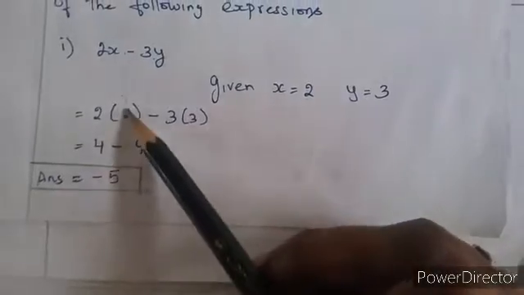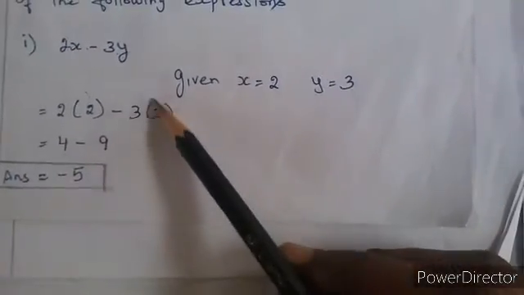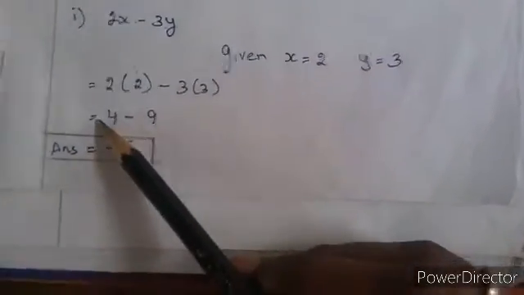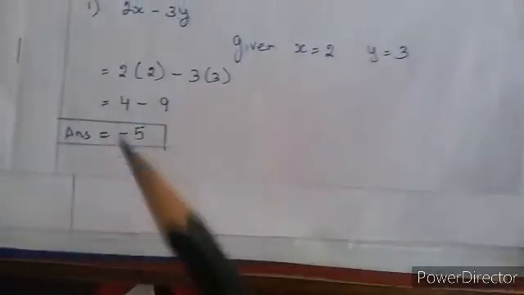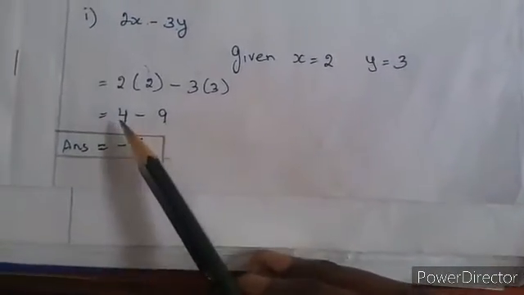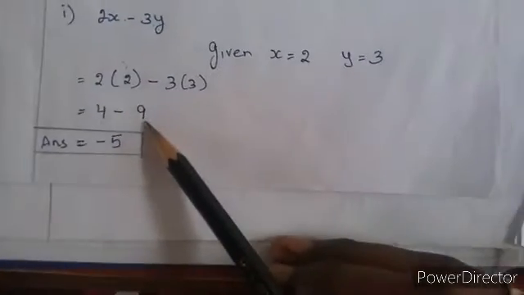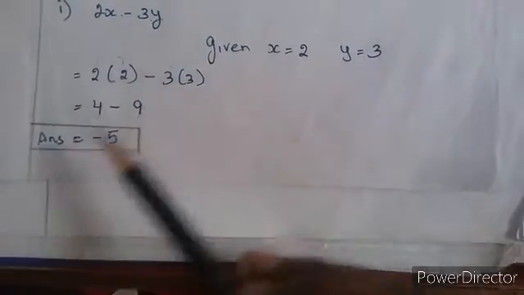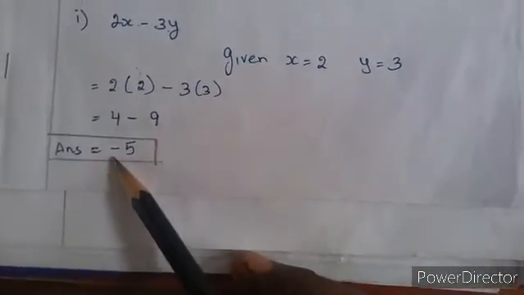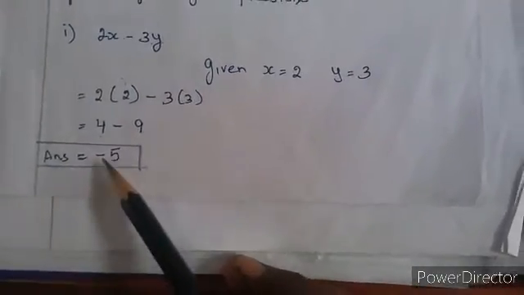Now 2 into 2 it is 4, 3 into 3 it is 9. Now plus into minus, we have to subtract. So 9 minus 4 is 5. Which number is greater? It is 9 and the sign for that is minus. So your answer is minus 5.